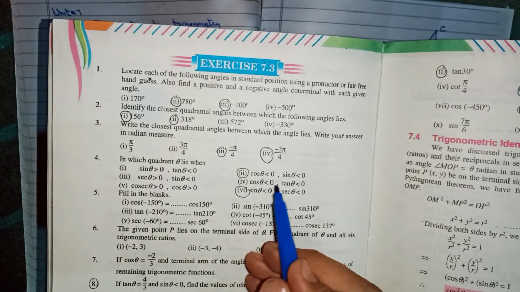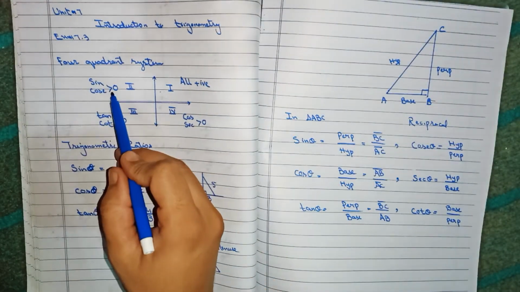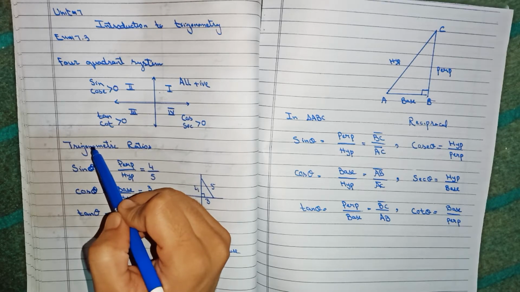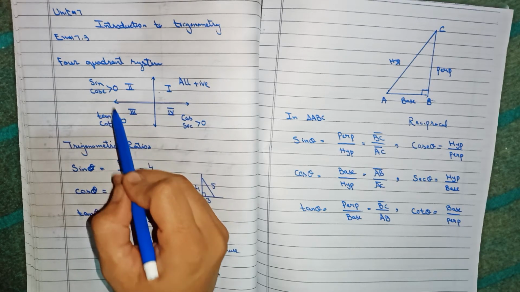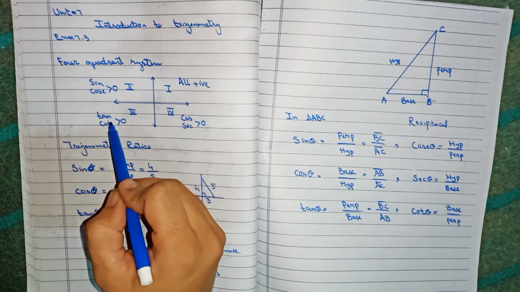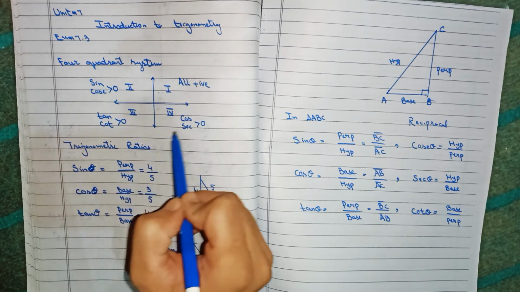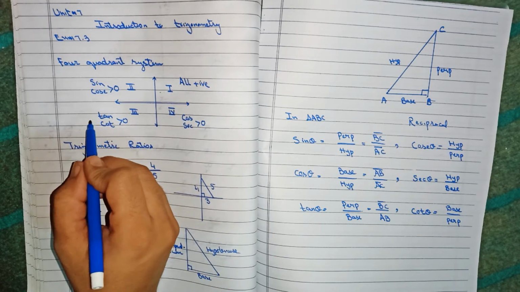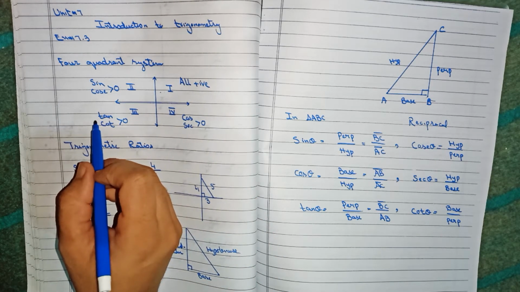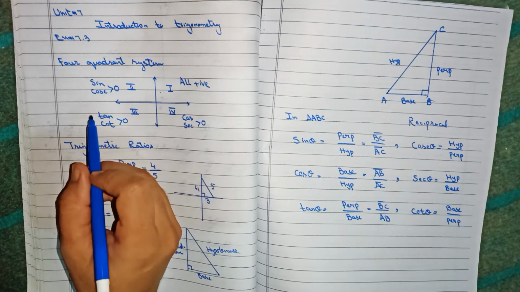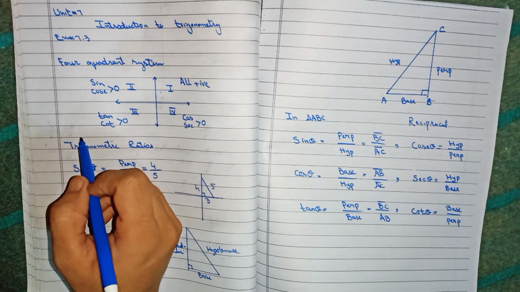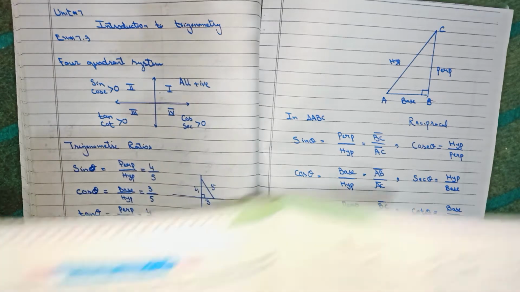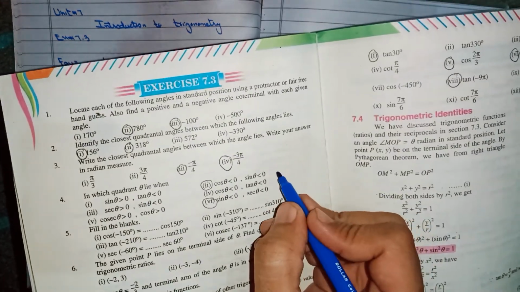In the second, sin is positive but cos is negative. In the third quadrant, tangent and cotangent are positive while the others are negative. In the fourth, cos and secant are positive while the others are negative. It means the third quadrant is where both sin and cos are negative. So only write that third quadrant.